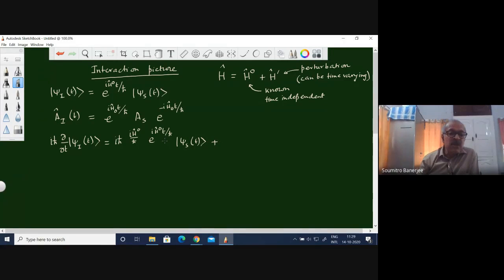The next term will be plus. This time we will have to take out the i h cross. I will differentiate this, and this remains the same. So e to the power i H naught t by h cross, and then it will be d/dt of this. So the i multiplied together will be a minus sign. The h cross will cancel off.